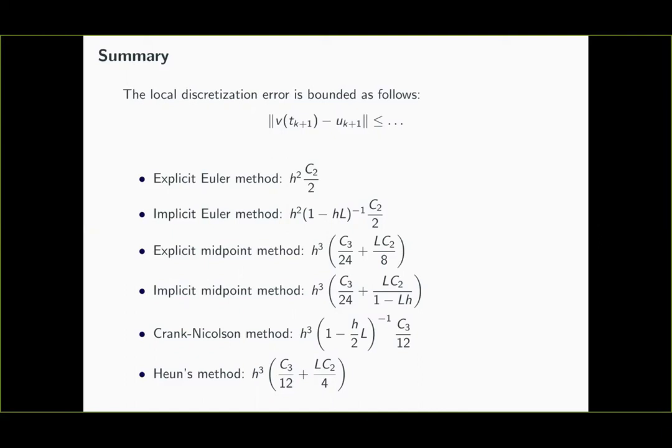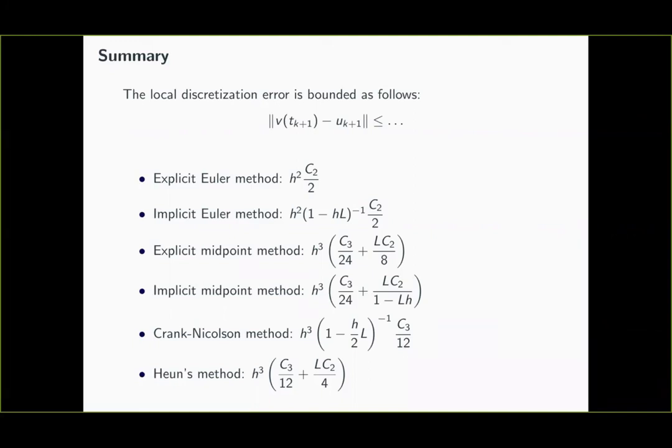Now, by comparison, these 4 new methods that we have found recently, based on the midpoint rule or the trapezoidal rule, have error estimates that involve a cubic power of h. Again, times some constants that are not that important. What matters is that as h goes to 0, these discretization errors will converge to 0 by cubic order.